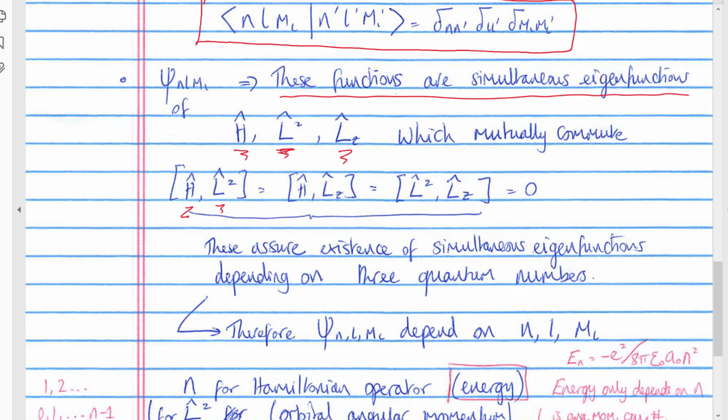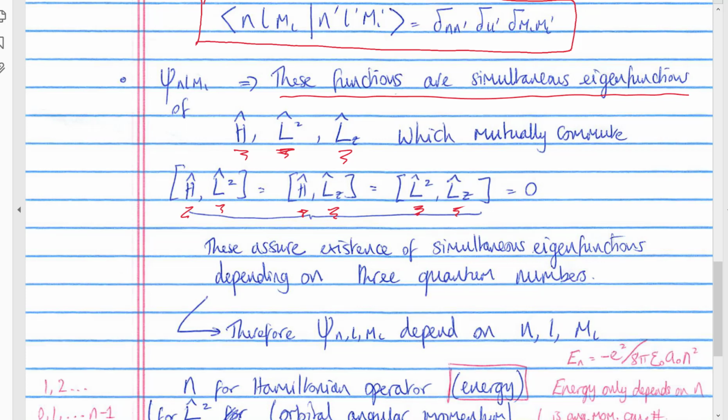We also recognize that the Hamiltonian operator also commutes with the angular momentum in the z direction, and therefore if these two commute, then we also know, and we've demonstrated this in chapter 6, that the angular momentum magnitude operator squared and the angular momentum in the z direction operator also commute.